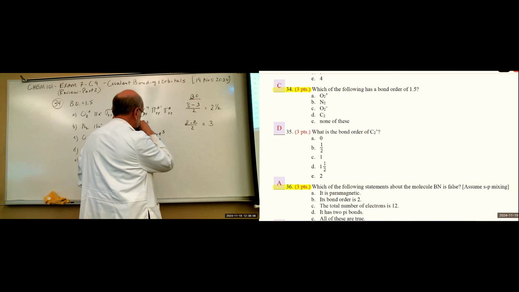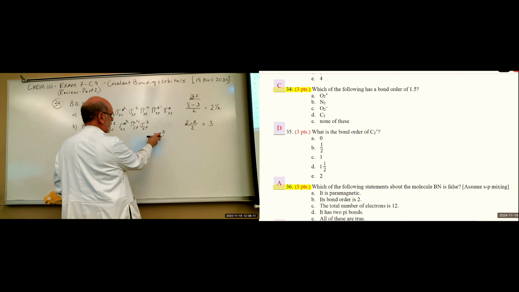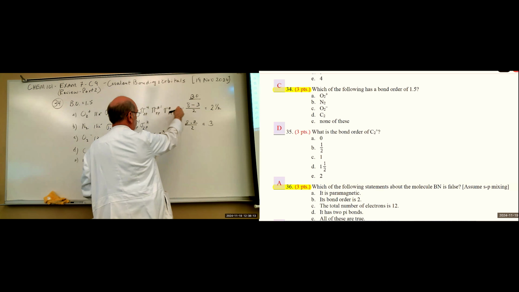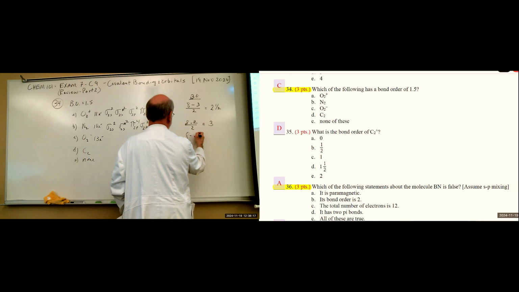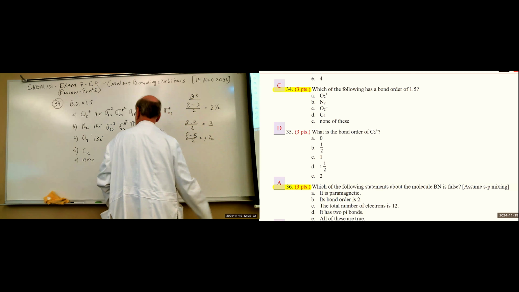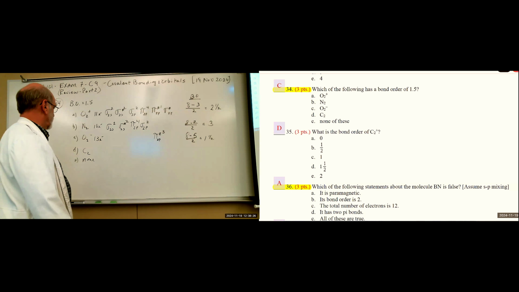In this case, we've added 2 non-bonding. So it should be 8 minus 5 over 2, right? That's 1.5. So we found the one we want right there.